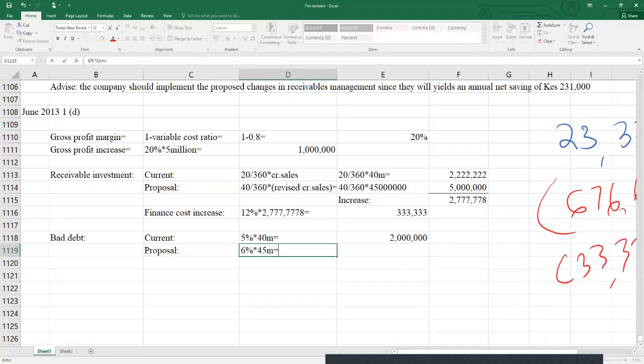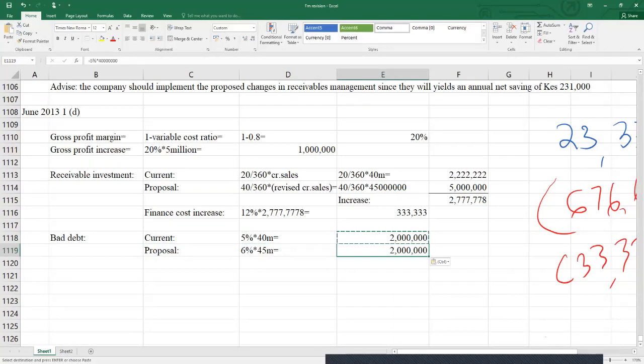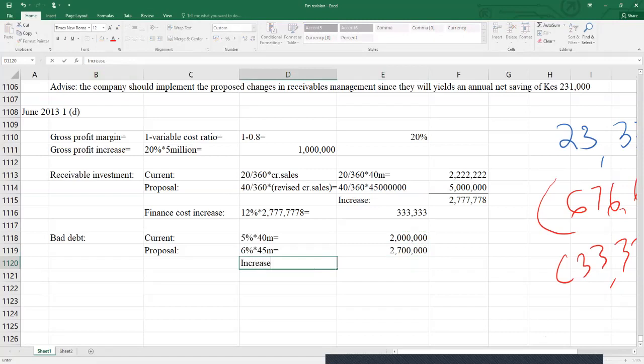And you get how much? 2,700,000. We get 2.7 million to be the company's bad debt once they implement the proposal. As you can see, the company's bad debt expense is increasing. So the increase in the company's bad debt should be equal to 700,000.